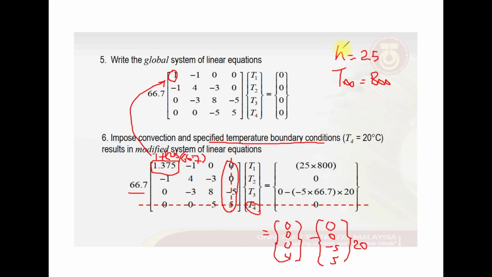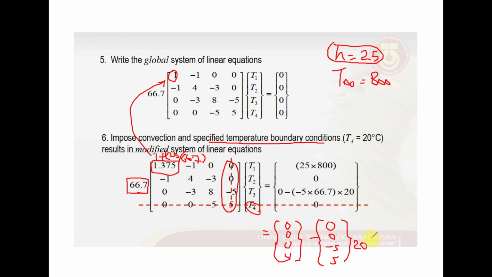So you have to be very careful when we are working with convection heat transfer, where we have to modify a single element in our K matrix, and especially when we have a constant value outside of our matrix there, then you have to divide by the constant value, so that you can include the correct values in this matrix coefficient.